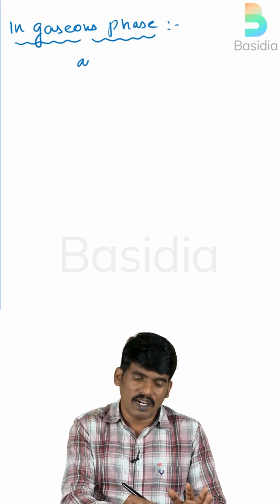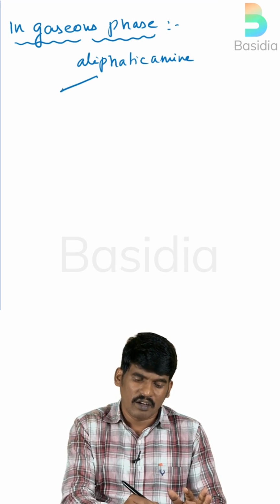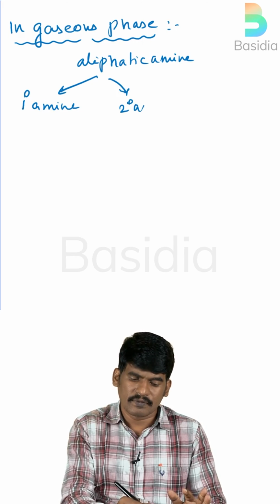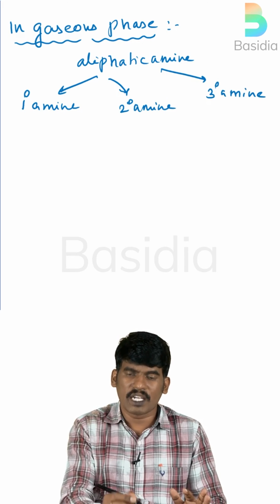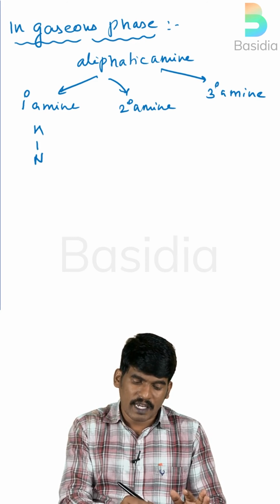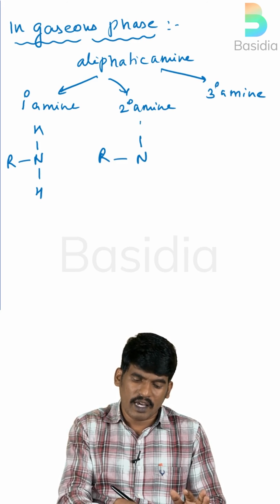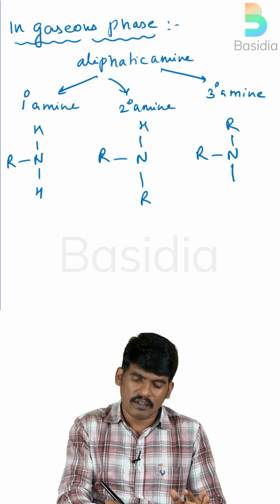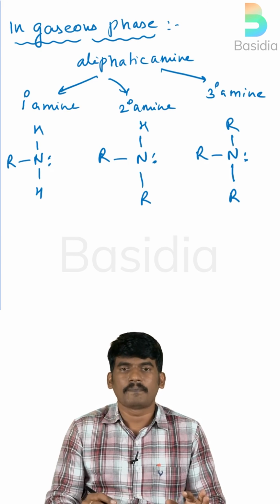In aliphatic amines itself, we have primary amine, secondary amine, and tertiary amine. These are the three types of amines we have, right? Primary amine is RNH2, and this one has two R groups, and this one has lone pair of electron density.